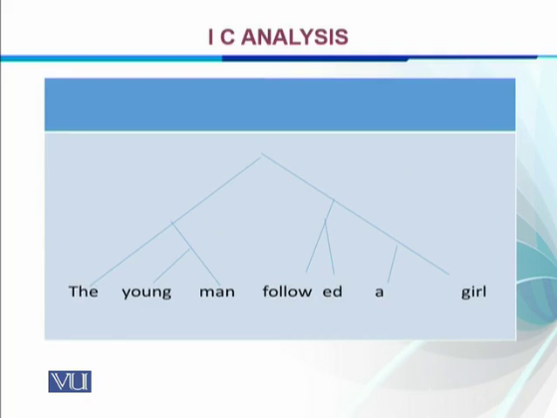They showed the same analysis with the help of a tree diagram. So you can see how they have divided into 2, the young man, then young and man, and followed a girl, a and girl, and follow and ed.